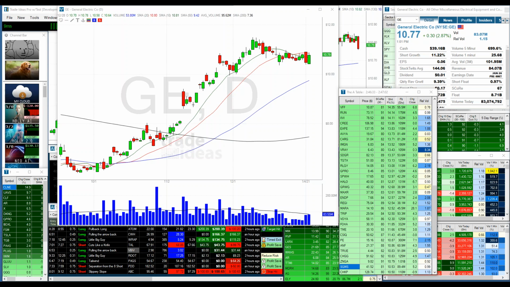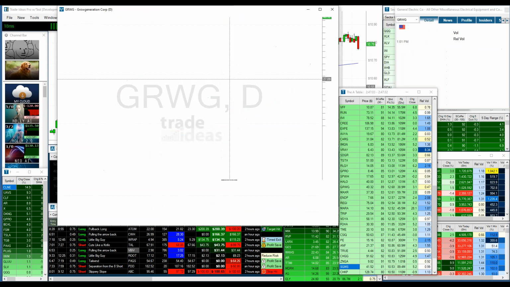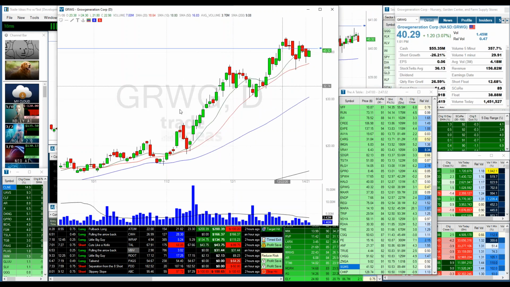All right, so let's look. First chart to take a look at, hopefully, GRWG. We'll start with that one. A cannabis play. That's speaking of a nice consolidation. Yes. Okay, so I think we've already marked that one up. That's a nice consolidation. Thank you for pointing that out.